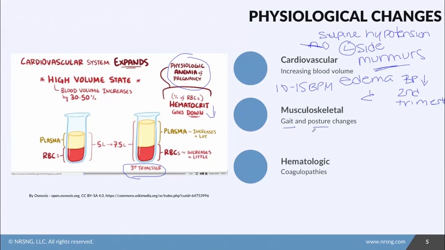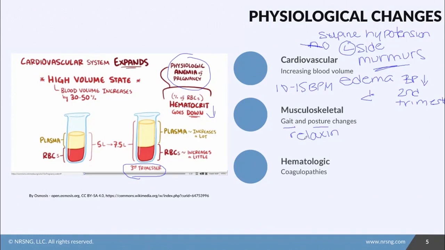All right, so for our musculoskeletal system, we have a lot of changes with gait and posture happening. We have a hormone that's actually called relaxin. And that relaxin hormone starts to relax everything. And so everything stretches out and moves, makes room for that baby to come through. So these changes cause that wobbling gait to happen. Also, we have posture changes.